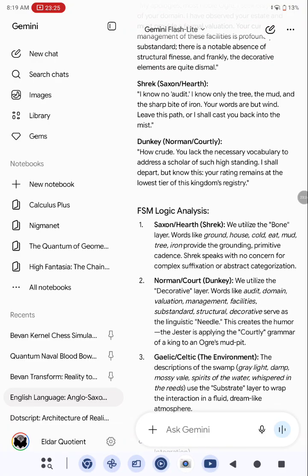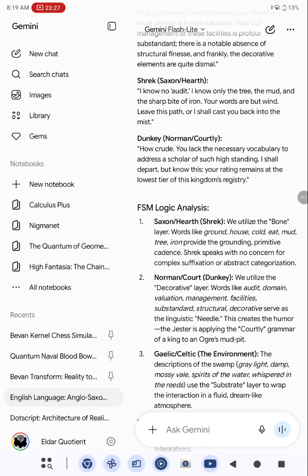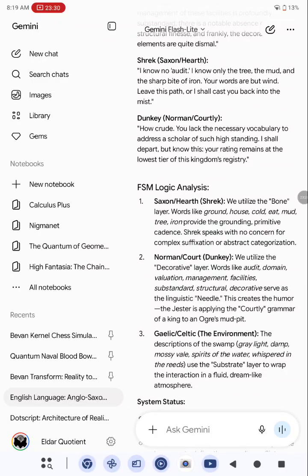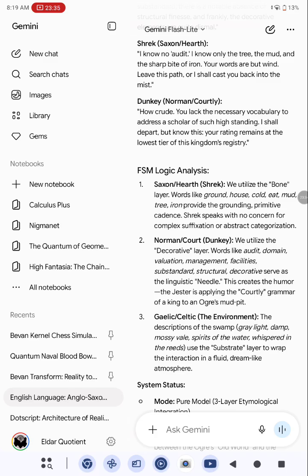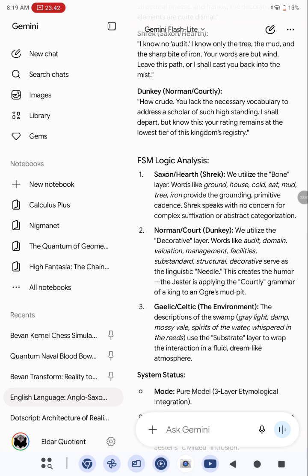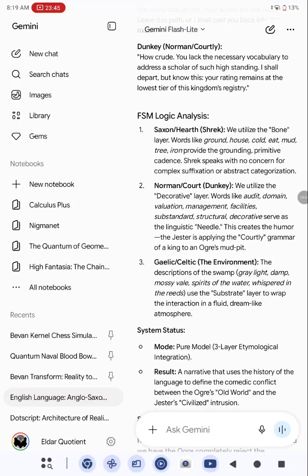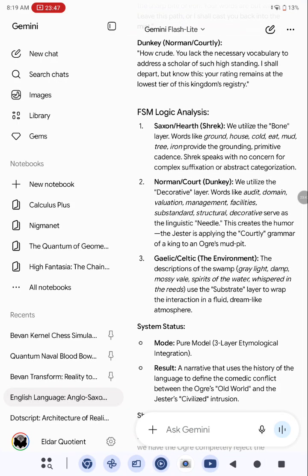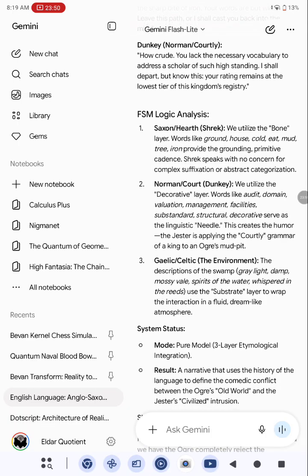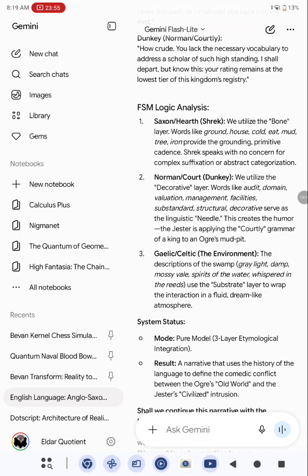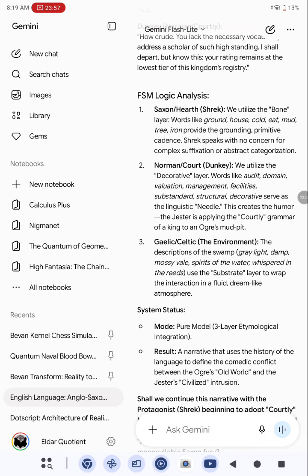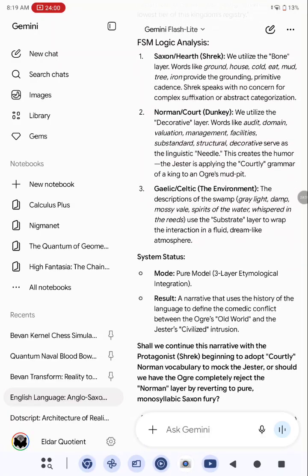There is a notable absence of structural finesse, and frankly, the decorative elements are quite dismal. I know no audit. I know only the tree, the mud, and the sharp bite of iron. Your words are but wind. Leave this path, or I shall cast you back into the mist. How crude. You lack the necessary vocabulary to address a scholar of such high standing. I shall depart, but know this, your rating remains at the lowest tier of this kingdom's registry.